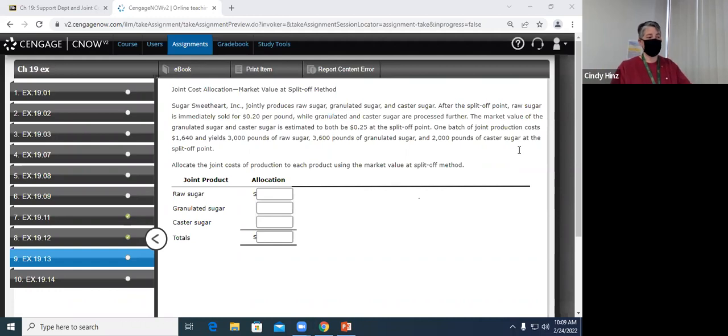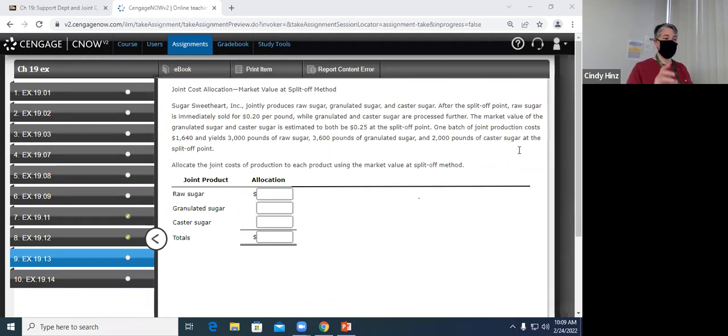Under the market value at split off, we are going to use the value of the product. If it's worth more at split off, even though it's exactly the same product at the split off point, right? So the raw sugar at the split off point, it's all raw sugar.